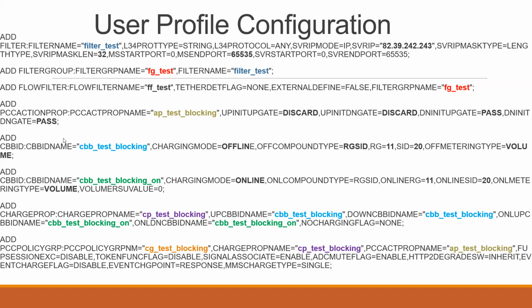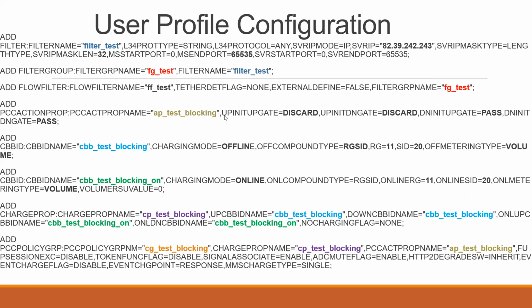Next, this is an example if I need to perform any blocking. For example, my requirement was that if any MSISDN initiates a session with this IP address, so if a session is initiated via the user equipment, the UE, it should be discarded. But if this server tries to communicate with the UE, it should be allowed. In that case, the action property name is a unique name.